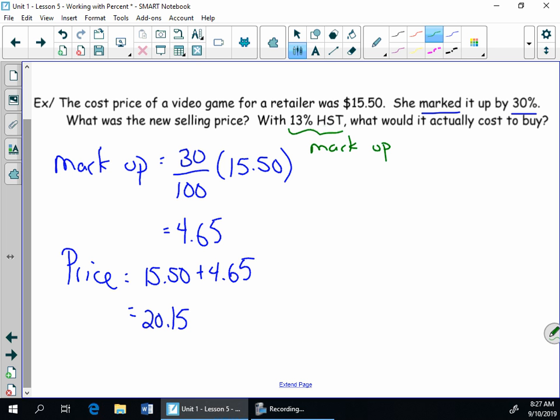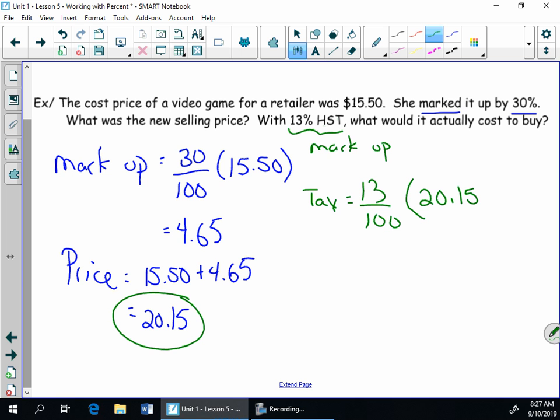It's a markup on what you're currently at. So in this case, I've got 13% tax of our new price, $20.15. So it's a percentage of something that already has a percentage on it.